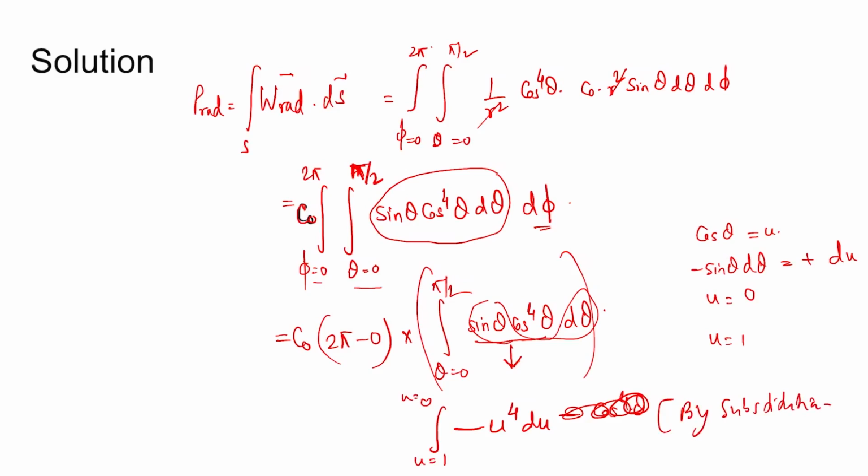So by substitution, outside you have C0 into 2 pi. I can write it as C0 into 2 pi multiplied by the integral from 1 to 0, and this minus sign I can flip the limits, so 0 to 1, and this is plus u to the power 4 du.